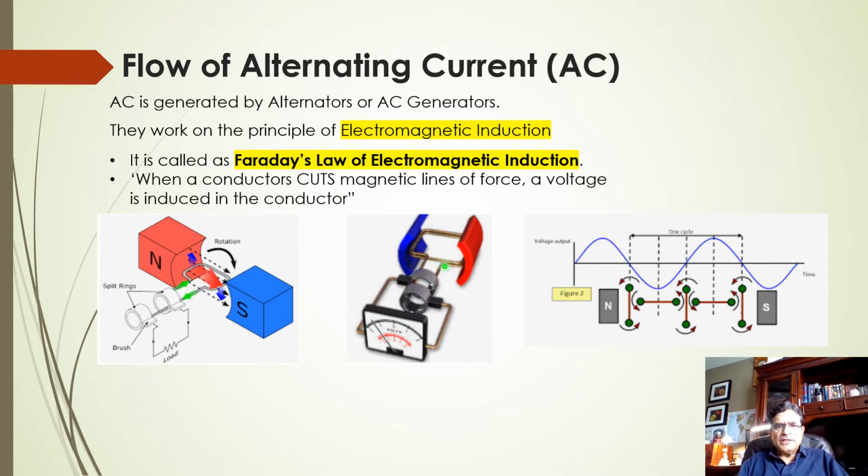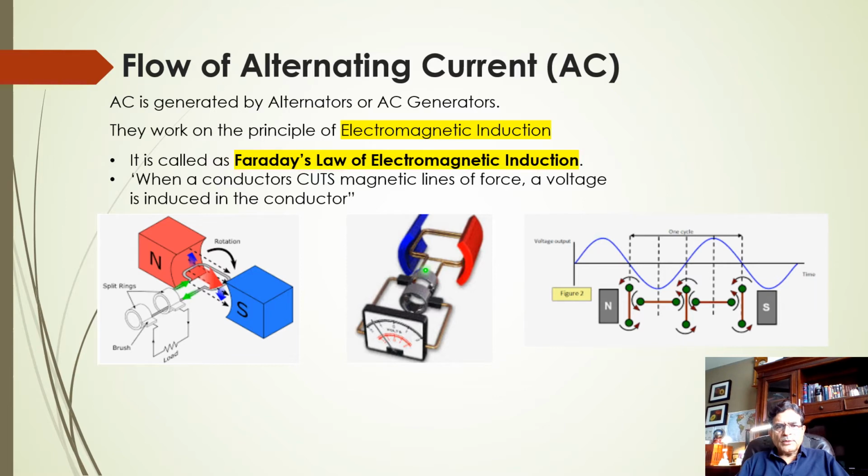This machine creates current in this coil exactly in this manner, meaning when the cutting is 0, the current is 0. When it starts moving towards the center of the magnet, one magnet, the induction increases and reaches a maximum.